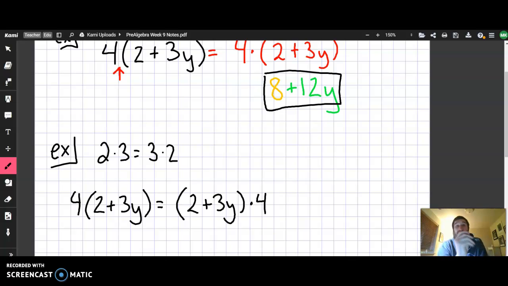Now, it does not make sense here to write this without the parenthesis. The reason is that the notation of writing multiplication without a symbol is generally used when just the number is in front.